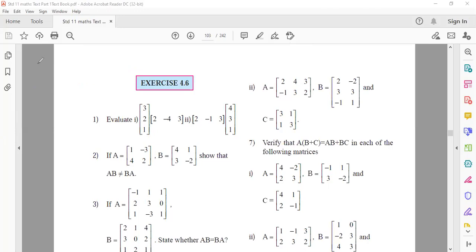Because of this reason, if A and B are two matrices, and if I ask you to expand A plus B the whole square, the meaning of A plus B the whole square in matrix is A plus B multiplied with A plus B. So naturally, first this A will multiply with the bracket.